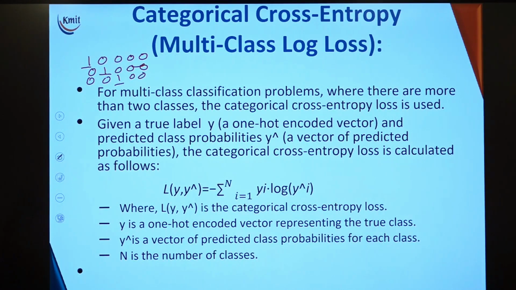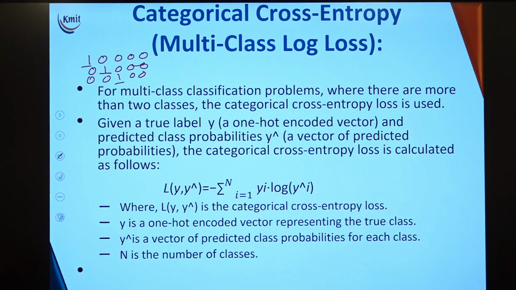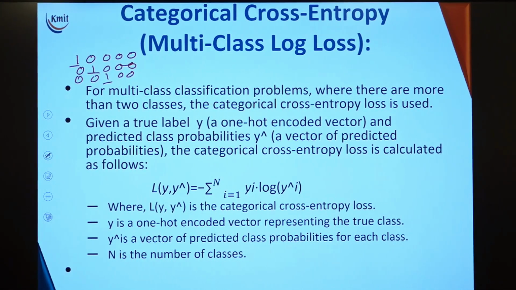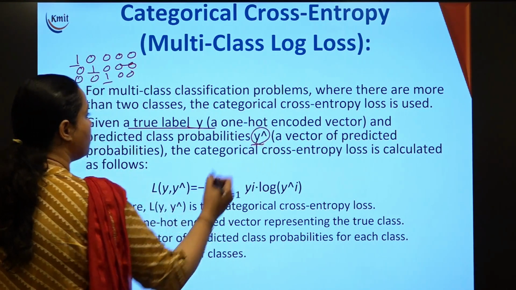So every label is given by a one hot encoded vector, with the true label represented as y and the predicted probabilities represented as y cap.